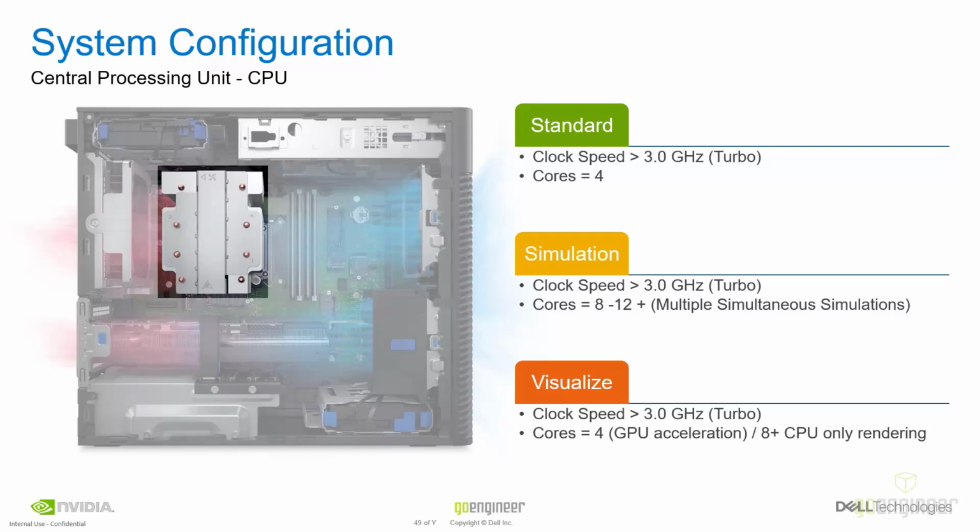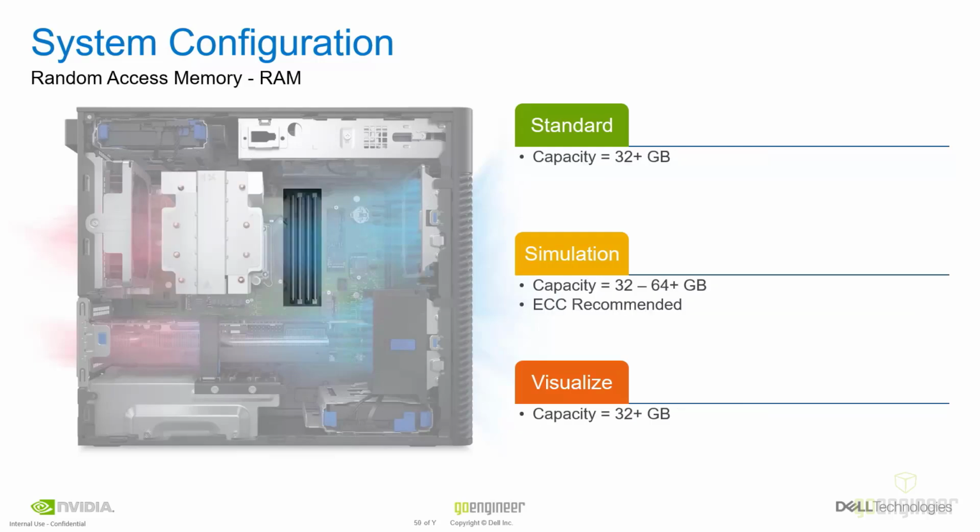If you're going to use CPU only, then you probably want 8 or more cores, right? Because you don't have that GPU acceleration. But as Charn mentioned, we highly recommend you do GPU accelerated rendering, because you can see the performance gains you got from Charn's slides. So it's pretty dramatic.